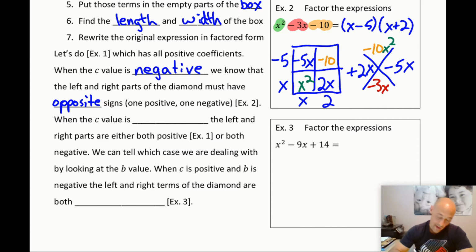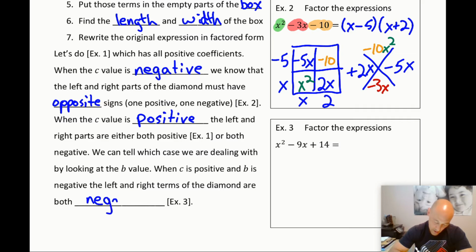Lastly, when the C value is positive, the left and right parts are either both positive or both negative, and I mean the left and right parts of the diamond. We can tell which case we are dealing with by looking at the B value. When C is positive and B is negative, the left and right terms of the diamond are both negative.